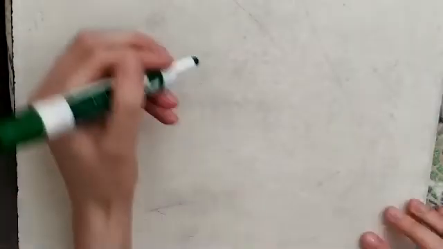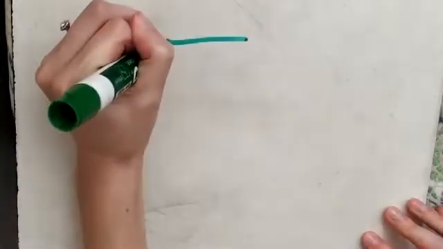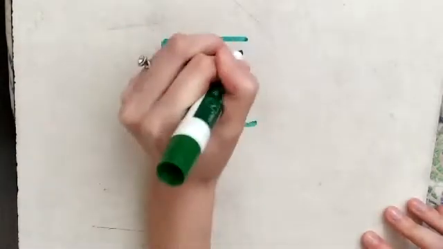So the main concept that we are learning today is perimeter versus area. I'm going to show you on the whiteboard what I mean by that. So if we take a regular square, let's say I do a green square.